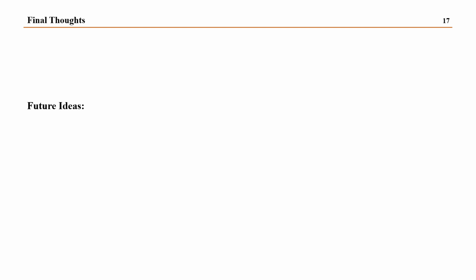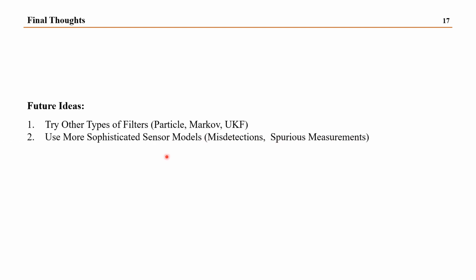So some of the final thoughts and future ideas: I could try other types of filters. Specifically, I'm looking forward to trying the particle and Markov filters because they could capture any type of density. Theoretically, they capture any type of density and are able to recover from the kidnapped robot scenario. So these are actually quite interesting and could be applied in future videos.